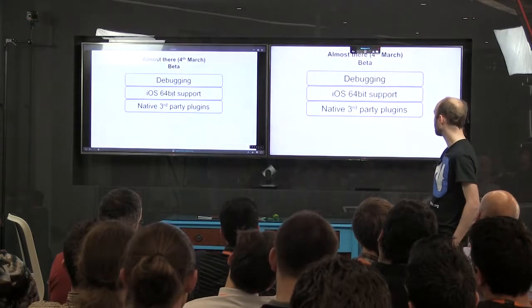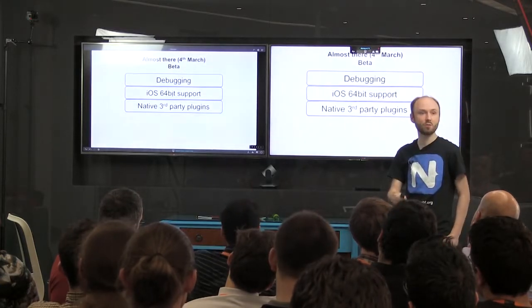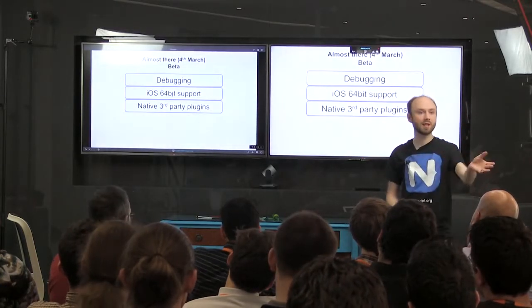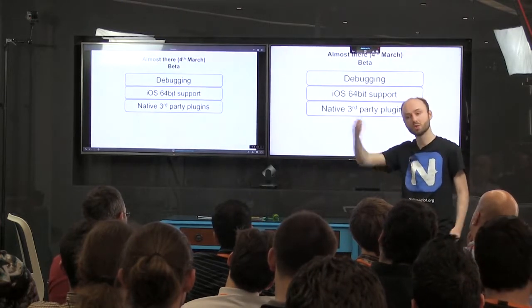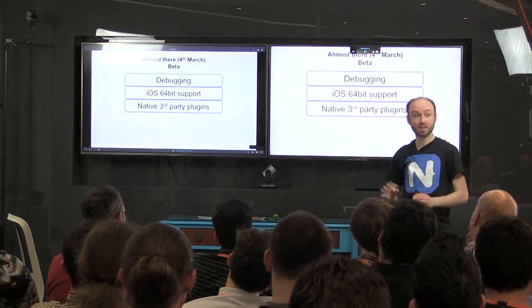But that doesn't have to be a problem, because in 2 weeks' time, we have a beta release where we're going to add debugging. We're going to add support for building 64-bit iOS applications and add support for native third-party plugins. What this means is, if somebody builds a calendar for iOS that you really like and you would want to use, all you have to do is plug it into the project, and you can start coding against it just like that.